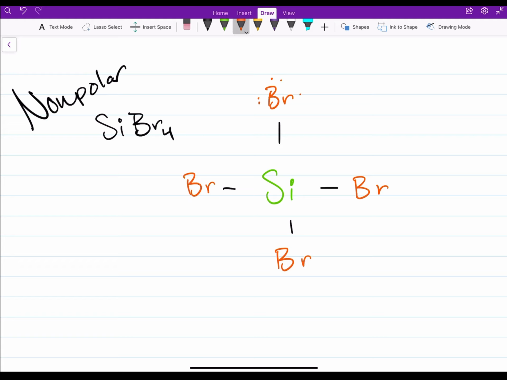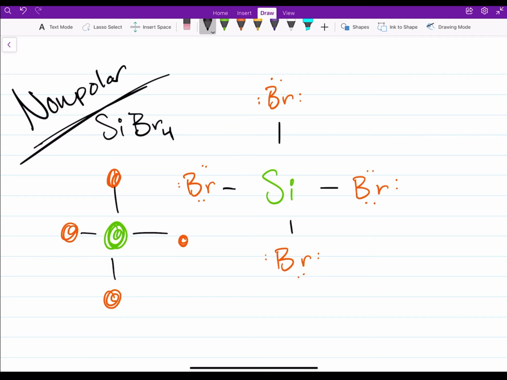And we can't forget the lone pairs around bromine as well. This one is going to be nonpolar because we have the same type of atom all the way around the central atom. So it's really easy to see how this looks very similar to our example on that chart, where we have the same thing all around it. So this will be nonpolar.